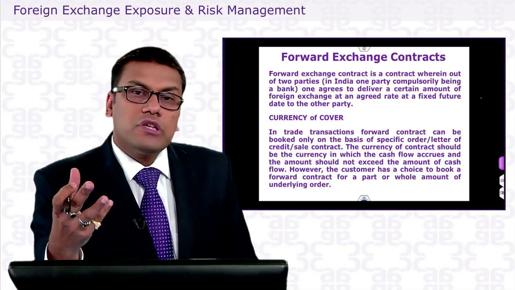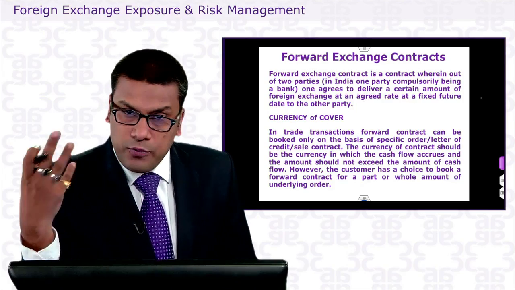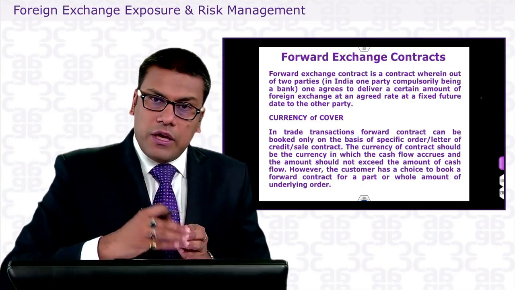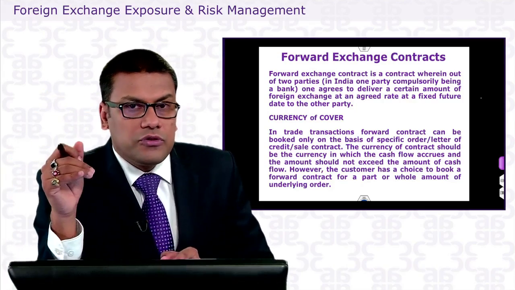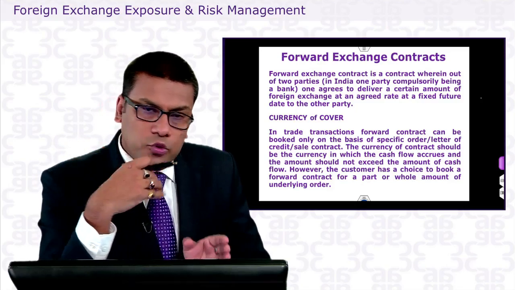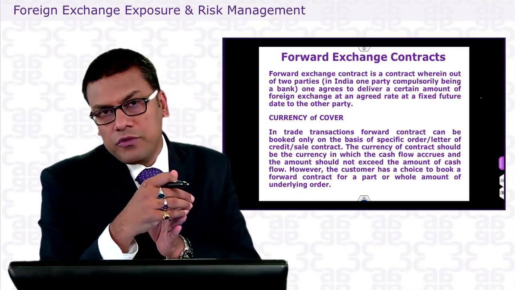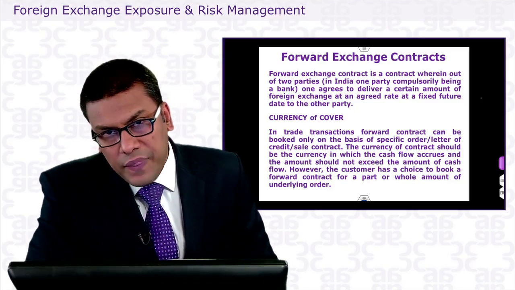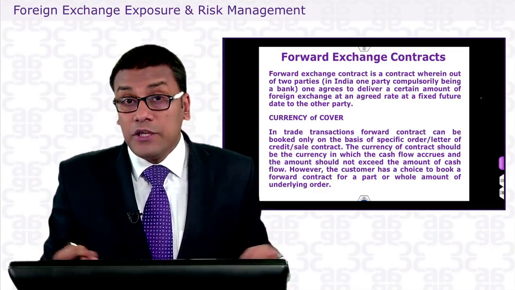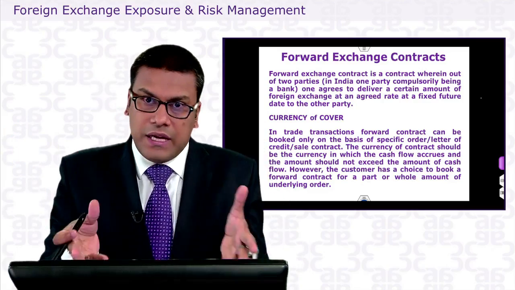So when you approach a bank, being an importer, being an exporter, suppose you send your consignment to US and you are an exporter and you foresee that the consignment is going to reach you in a month's time and your payment will be due after that. So you approach a bank, okay, and you enter into a forward sell contract, okay. So when you enter into a forward sell contract, the bank is actually committing to giving you rupees for $1 at a decided rate today.